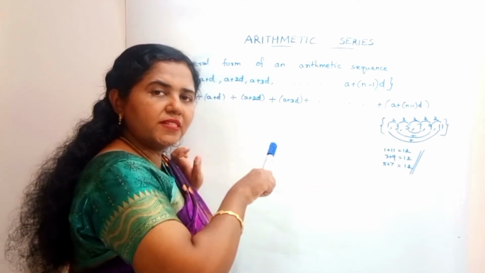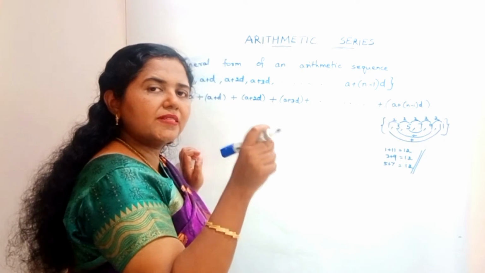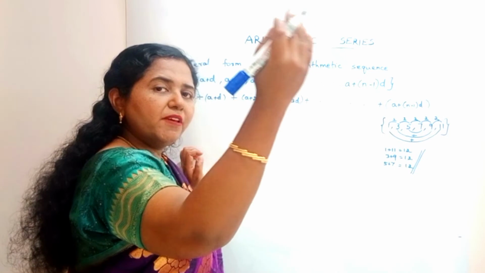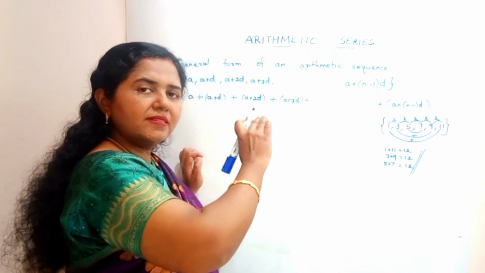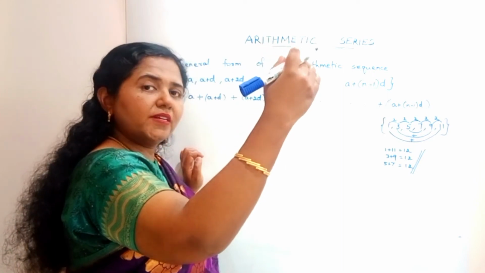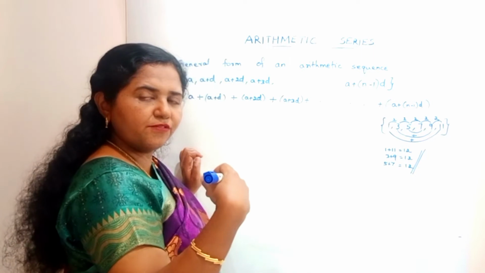When we add the first and the last term, we get a sum. That will be the same as the sum obtained on adding the second term and the term before the last term. And for the third term and the term before the last before term, when we add both, that sum also will be the same as the first sum.